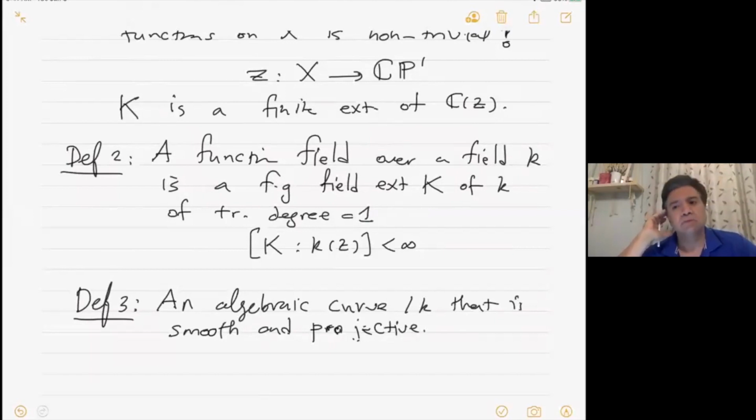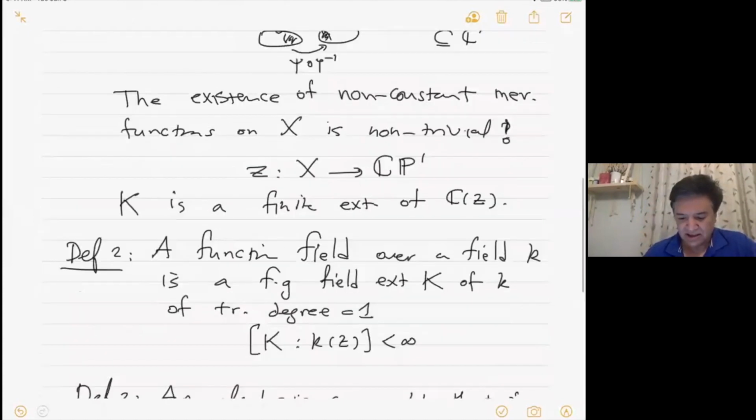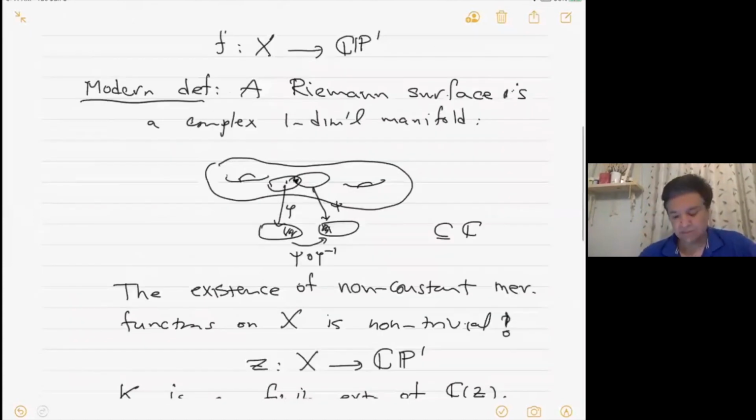Definition 1 only works when k is C. So all these three definitions become equivalent once you work over complex numbers. And this is amazing because, as you can see, these definitions live in different disciplines of mathematics. The first one lives in analysis.